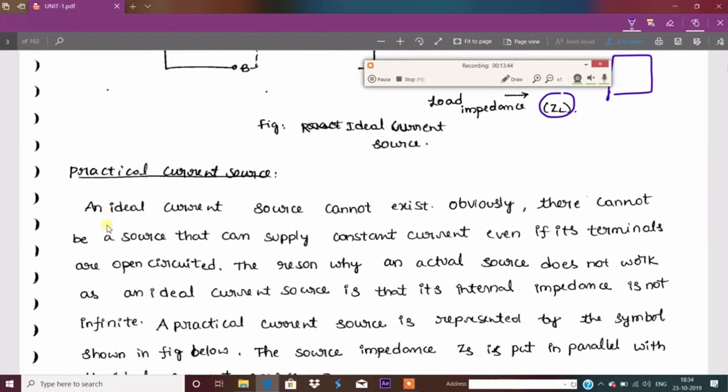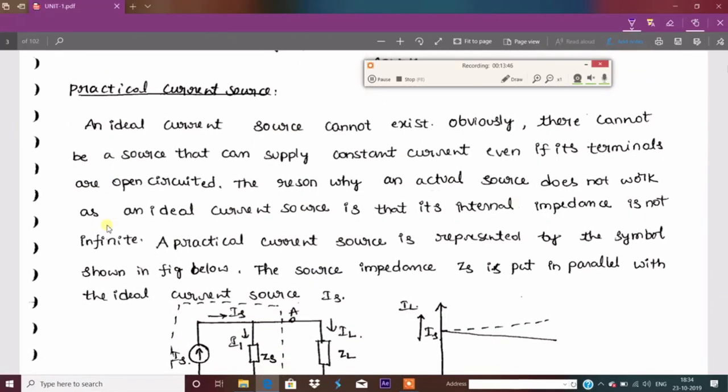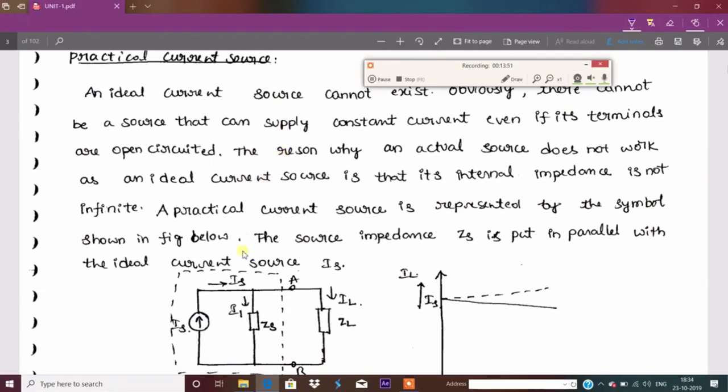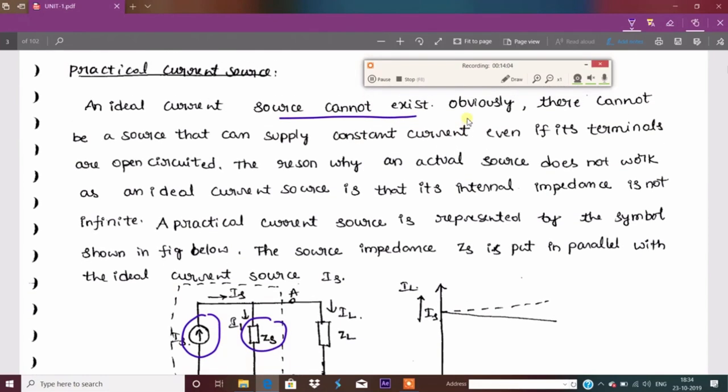Practical current source. Just look at the diagram here. An ideal current source connected in parallel with the impedance is called a parallel practical current source. An ideal current source cannot exist.